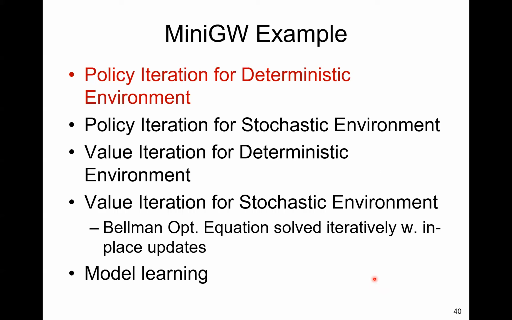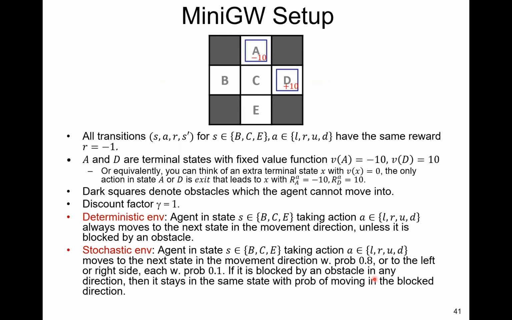So I have this mini grid world example. Let me work through it. This is a grid world with 5 possible locations. All transitions have the same reward of -1.